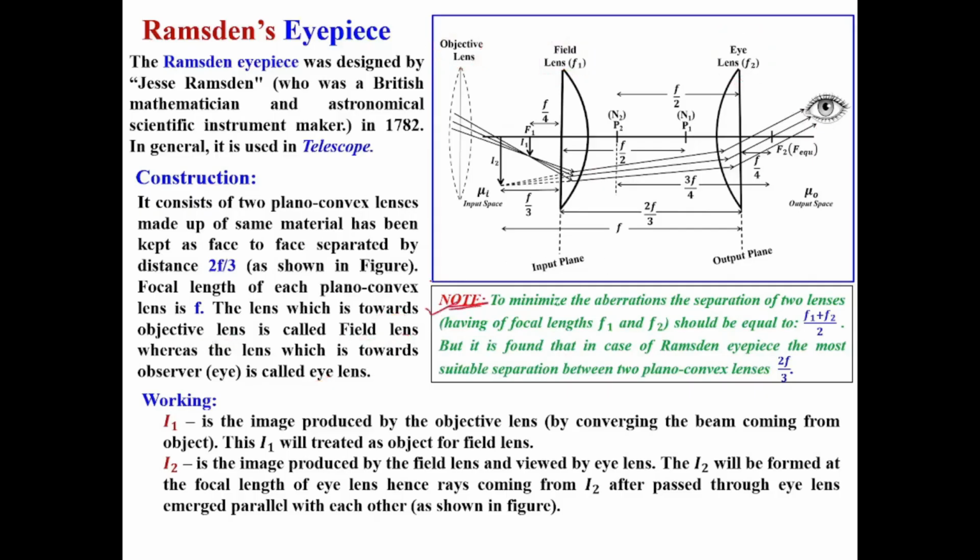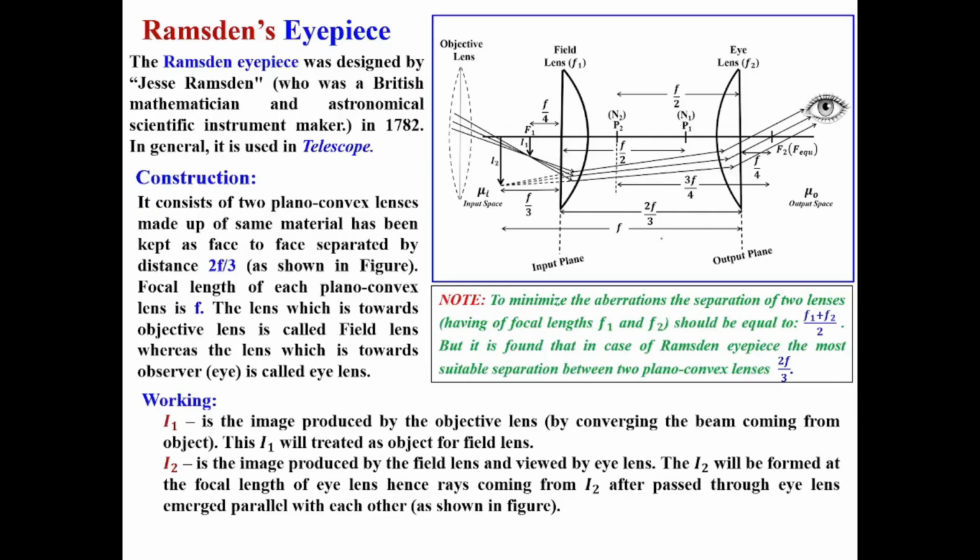You should remember that whenever we design an eyepiece, we should minimize the aberration of that eyepiece. Different types of aberrations are there: spherical aberration, chromatic aberration. So we should minimize the aberrations.